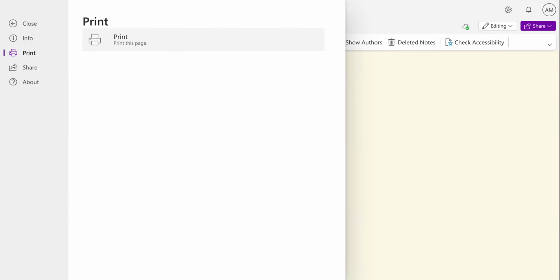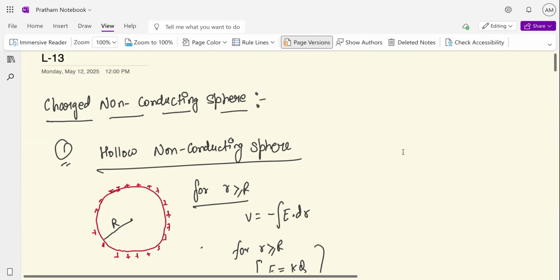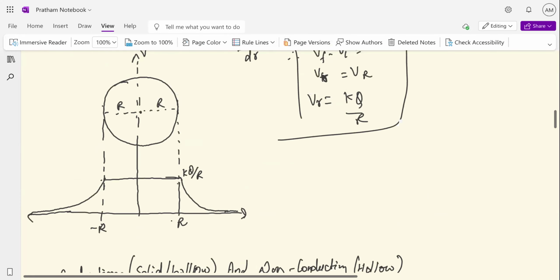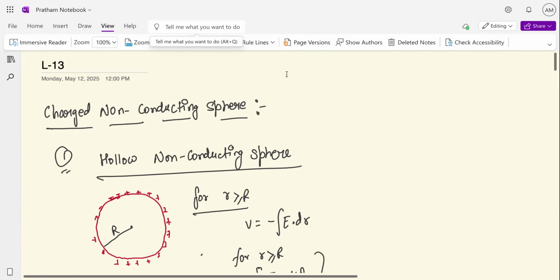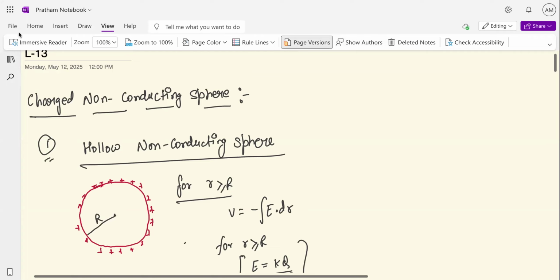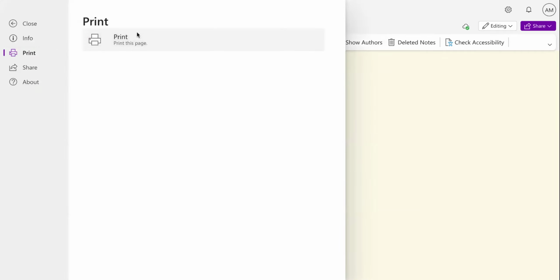Why is there a margin from the left? Maybe if I do it like this, big margin.